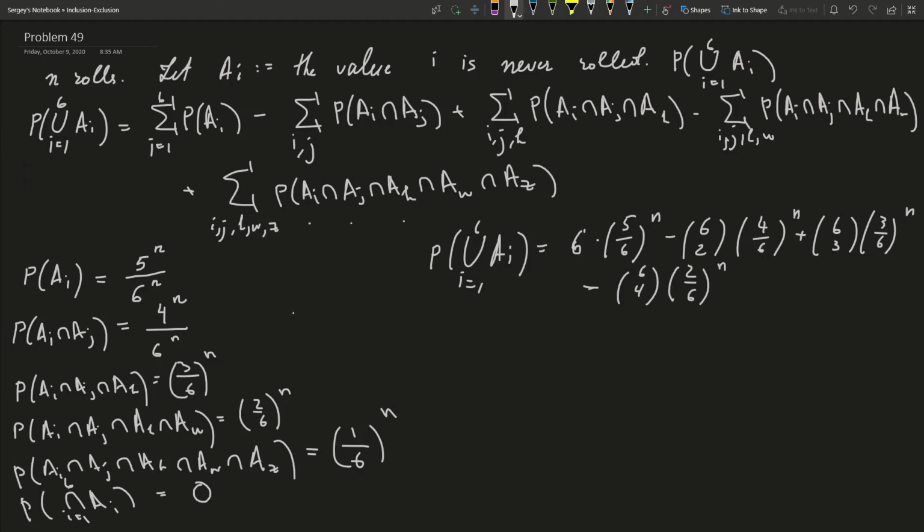And then plus, how many ways are there to select 5 values that the die cannot land on? Well, 6 choose 5. And the probability of each such quintuple intersection is 1 over 6 to the n. And we have our answer.